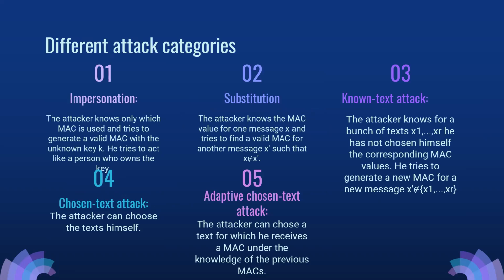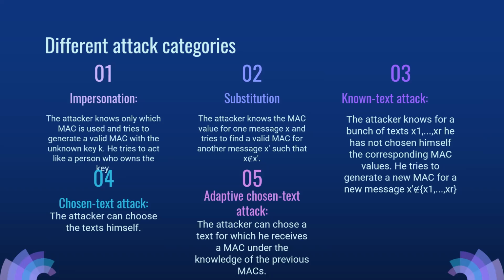Okay, the different attack categories. We have five different categories: first, impersonation, substitution, known-text attack, chosen text attack, and finally the adaptive chosen text attack. For the impersonation, the attacker knows only which MAC is used and tries to generate a valid MAC with the unknown key.